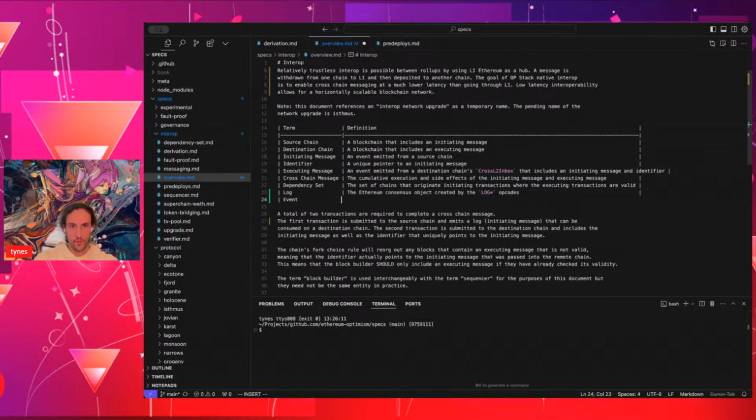An event is just the way that Solidity uses logs. So an event is the Solidity representation of a log. Perfect. All right, so a total of 2 transactions are required to complete a cross-chain message.